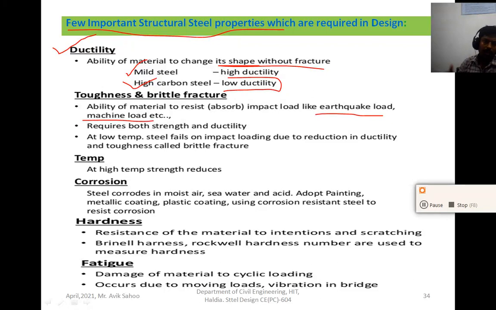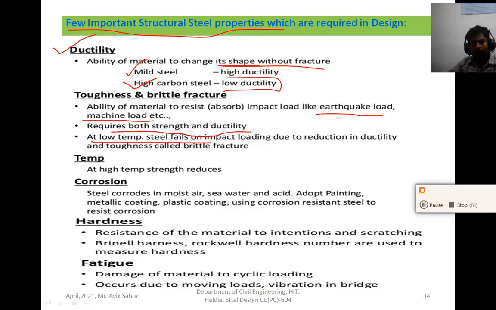In a bridge, vibration is produced. So to withstand the vibration, such type of impact load, the toughness of the structure should be more. So good toughness is required. Another is that both strength and ductility are required.